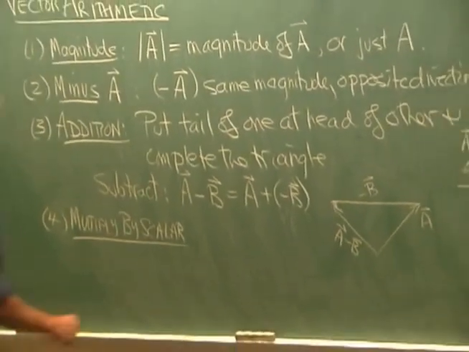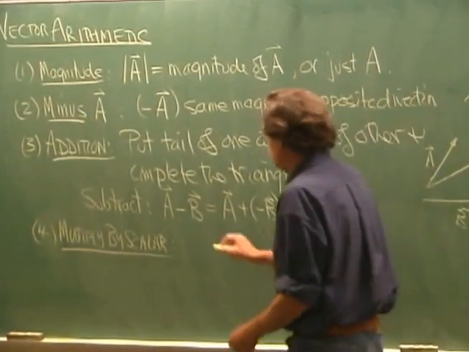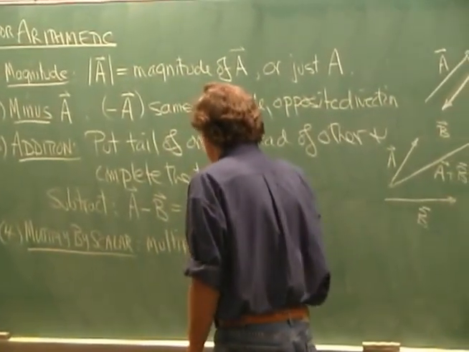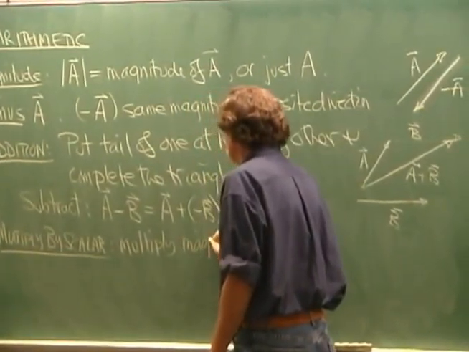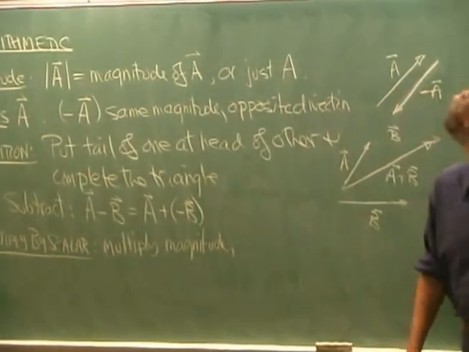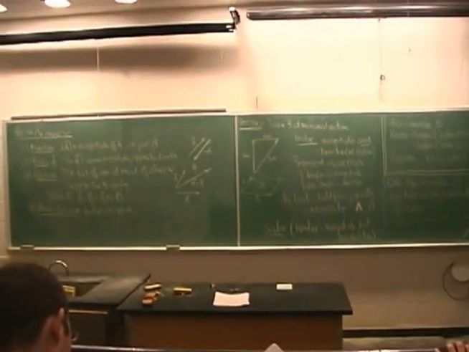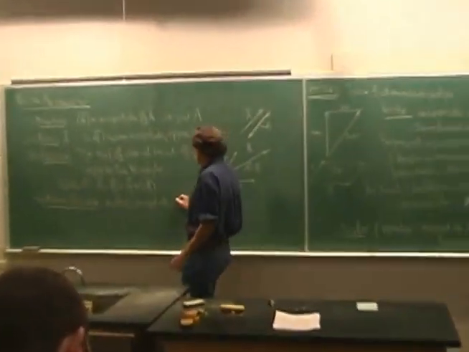Seems sensible? Multiply the length, but don't change the direction. Oh, unless the multiplier was a negative number, in that case you would flip the direction, of course. So multiply magnitude, don't change direction.